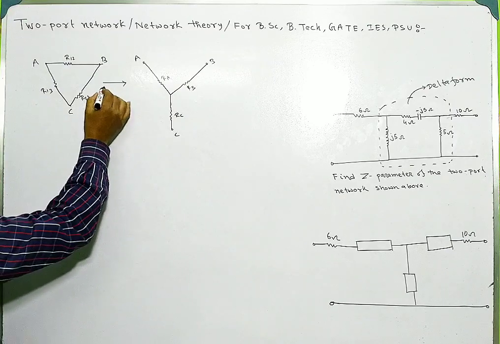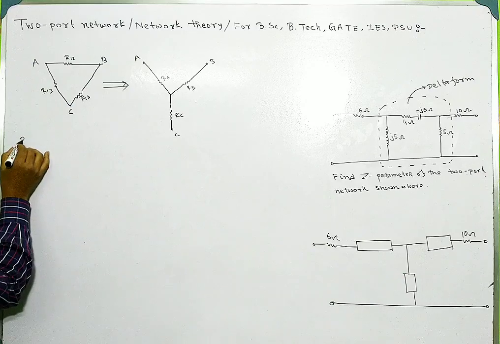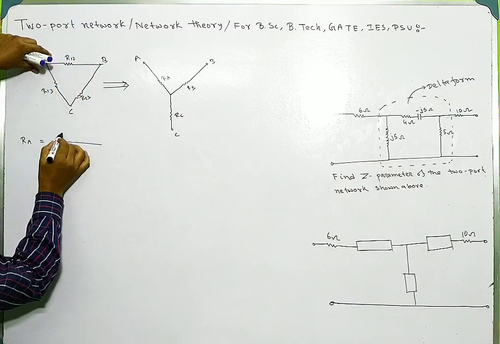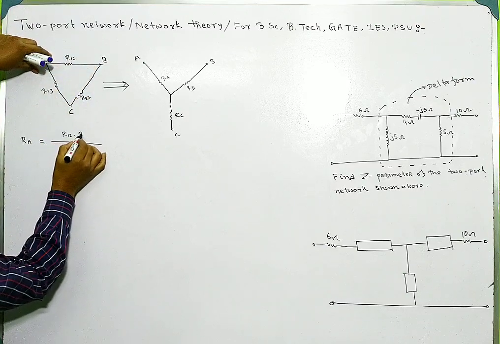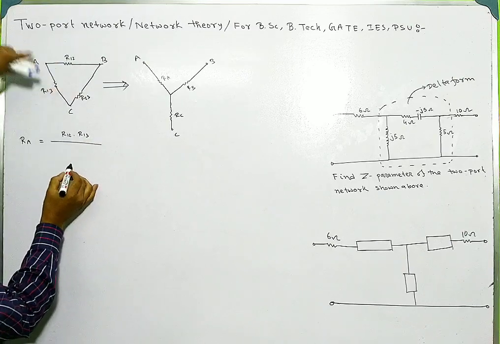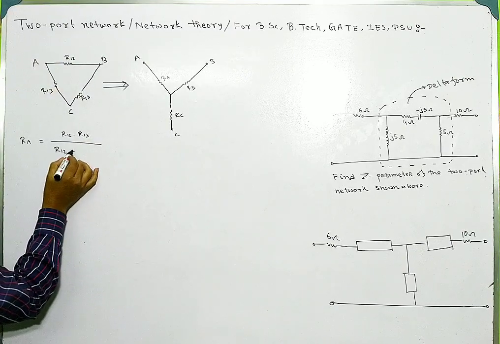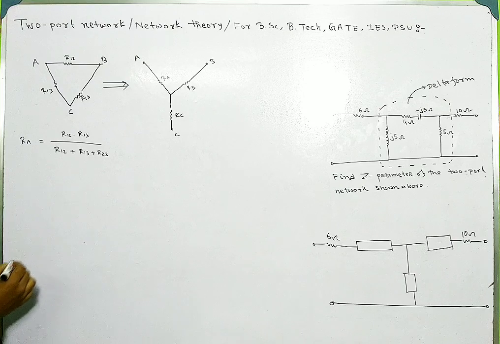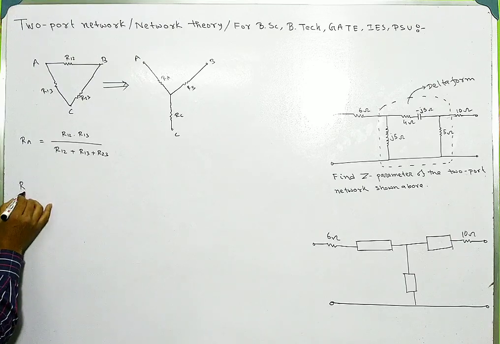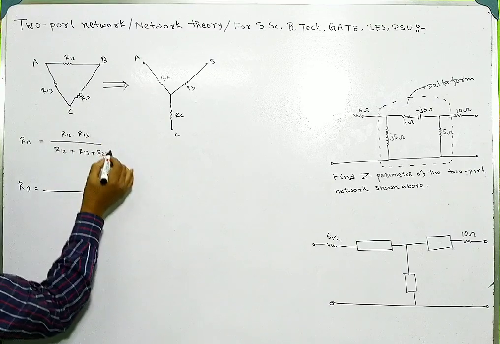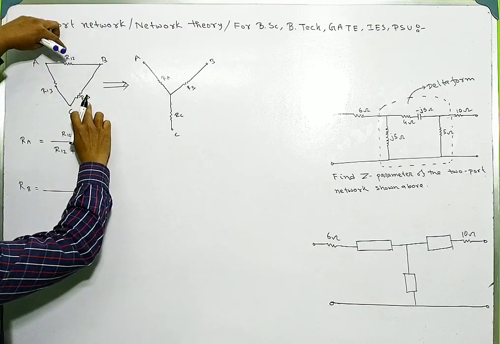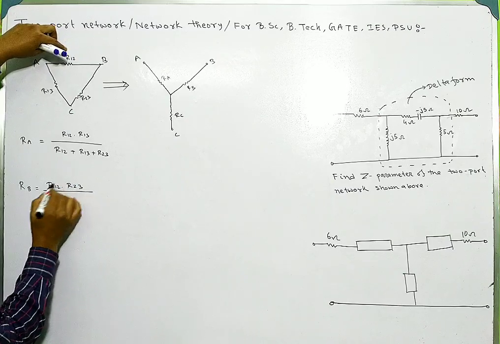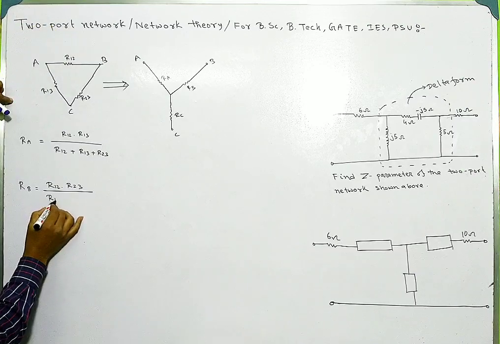So if you transform this, then RA is given by R12 multiplied by R13 divided by the sum of these three resistances, that means R12 plus R13 plus R23. And RB, this is B, so it is the multiplication of these two resistances, R12 into R23, divided by the summation of these resistances.